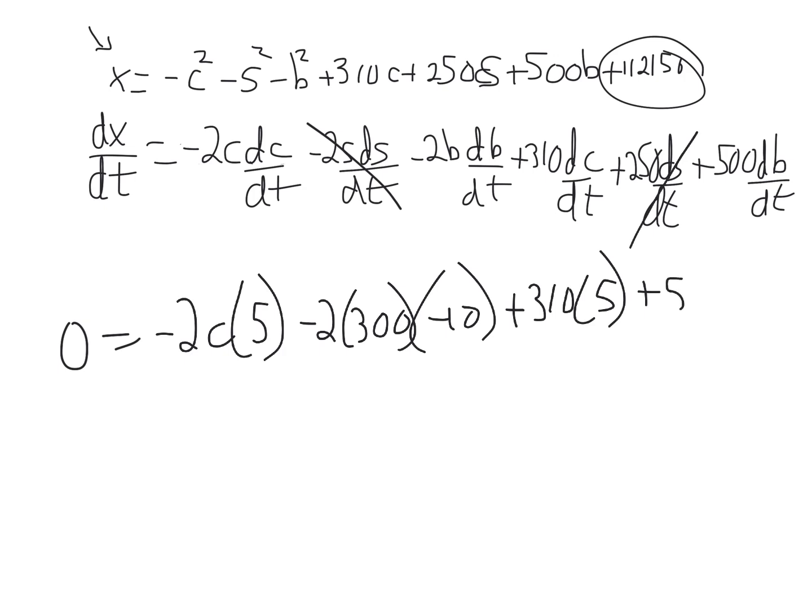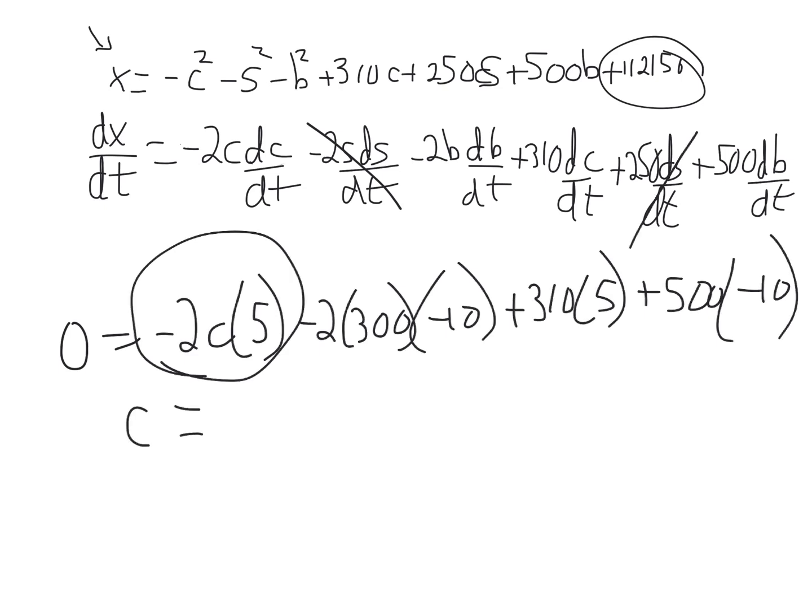And then the last one is 500 times db/dt, which again is 10. So if you work that out, the only thing you don't know is C, and C is right here in this term. So if you add all those other things together and solve for C, I think it's 255, but I can't recall unless I look at the other videos that I made for the other students. But that's how you handle B, okay?